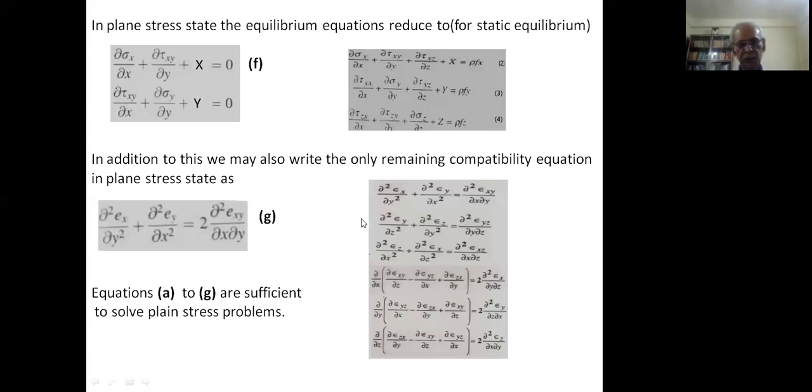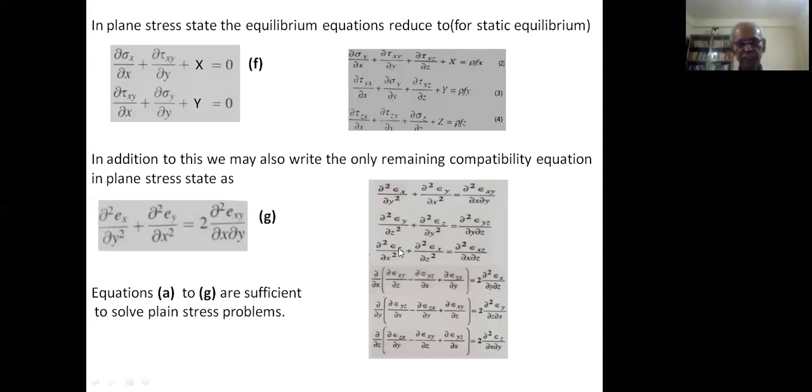And if you go through this one by one, you will see all the equations will be satisfied except the first one, if you apply sigma z, tau xz, tau yz equal to 0, which means epsilon xz, epsilon yz is equal to 0, and any variation with z is also 0.